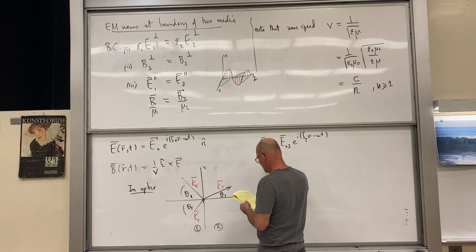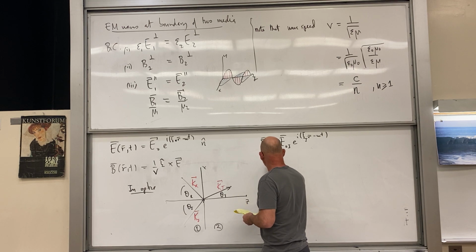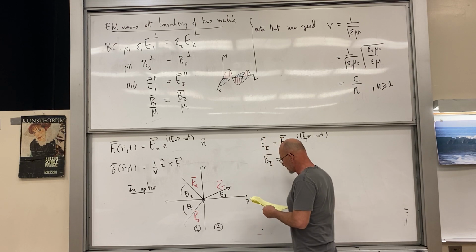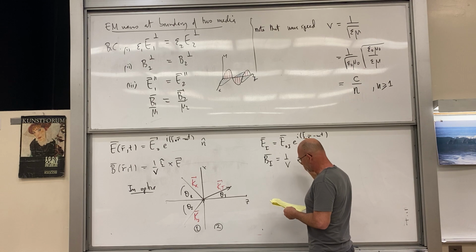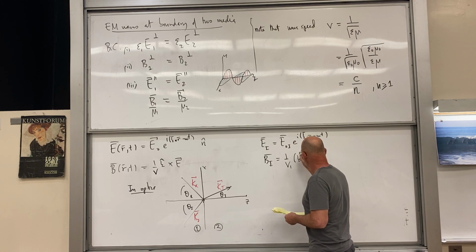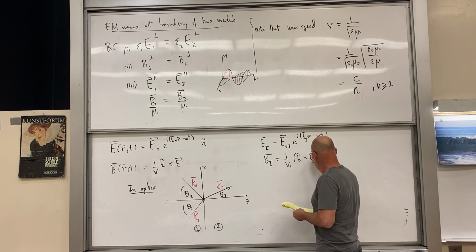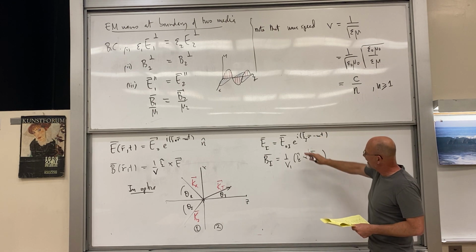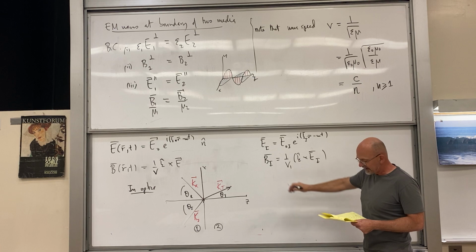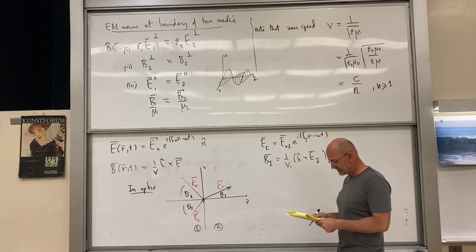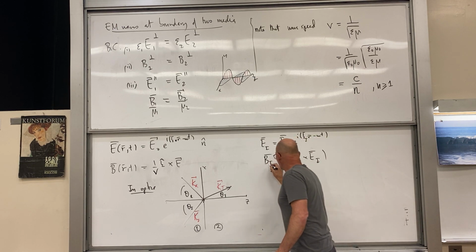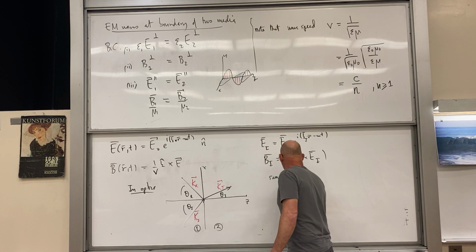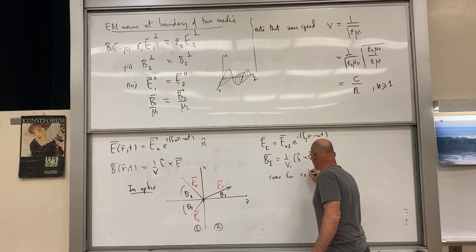And then B incident, I'm not going to write all of them down. But on the one side, that's V sub 1 K cross E incident. So we're going to have the same thing for the reflected and the transmitted waves.